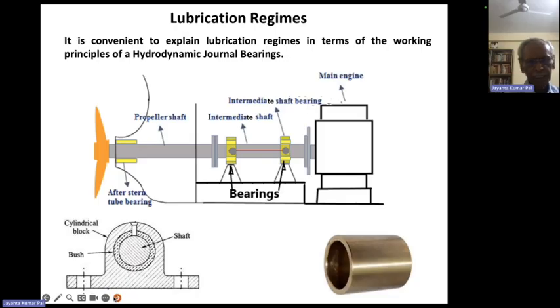The picture shows a fairly long propeller shaft, where the propeller is on the left-hand side and the thrust produced by the propeller is transmitted to the hull by a thrust block, which is not shown here.